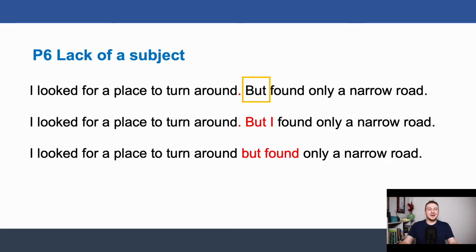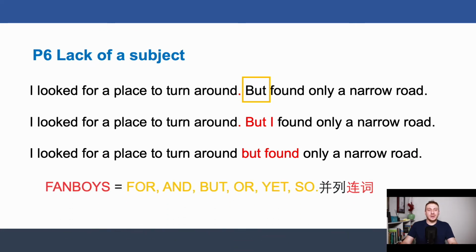Now, sometimes in writing, we forget to write a subject, and that's because we sometimes write the way we speak. Let's look at the first example. We have, I looked for a place to turn around, full stop, but found only a narrow road. Okay, so in spoken English, this sentence would make perfect sense.